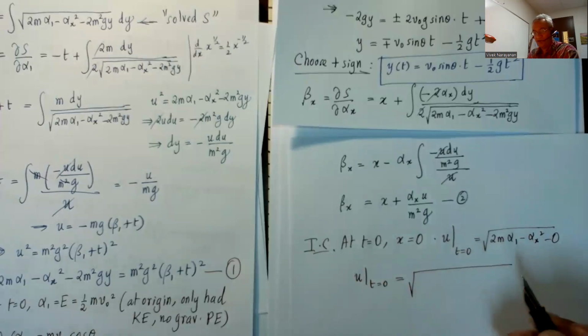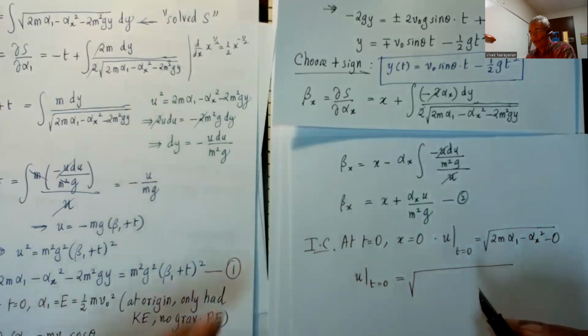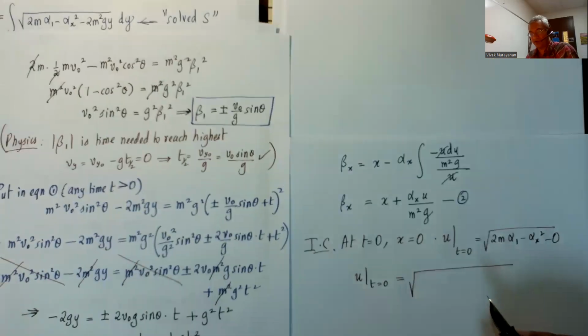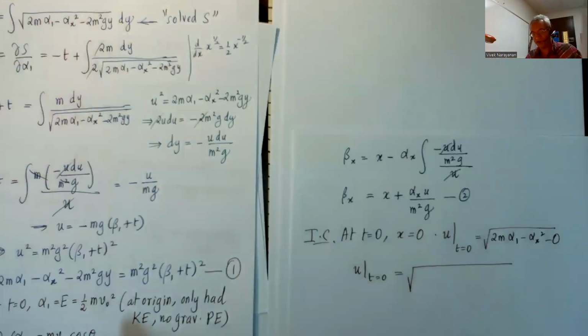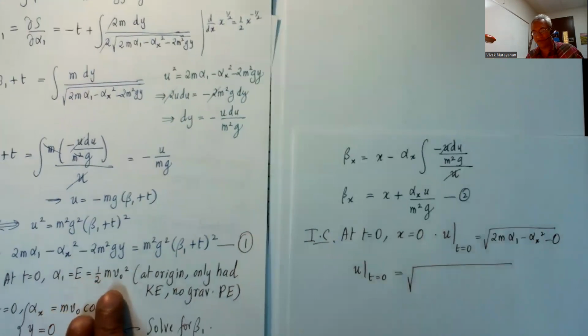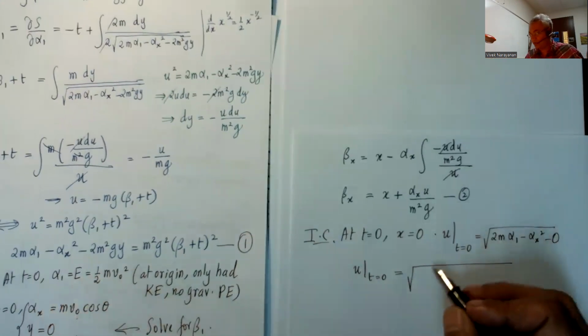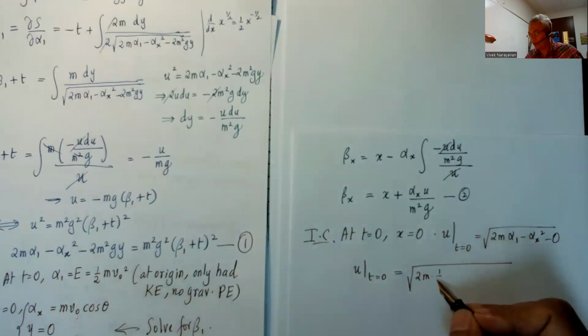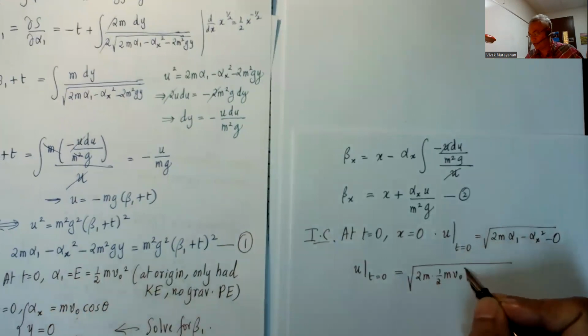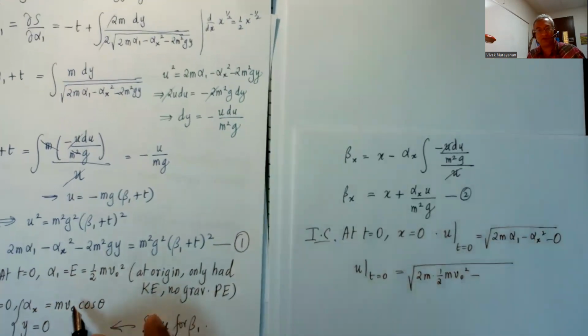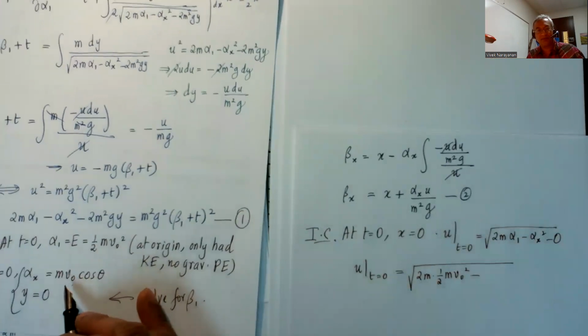Let's figure it out. Alpha 1, we already had. Where was that? Alpha 1 was already here. It's 1/2 m v naught squared. So 2m times 1/2 m v naught squared minus alpha x squared was here. M v naught cosine theta is alpha x.